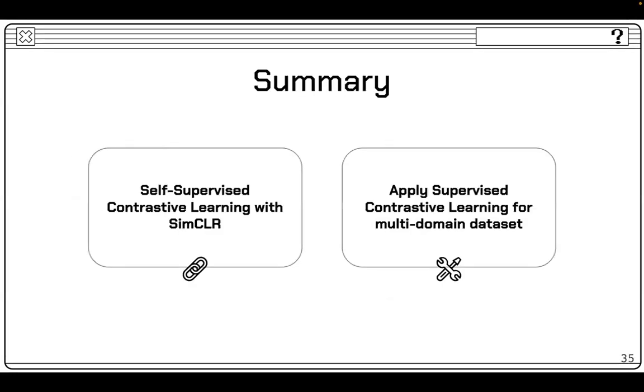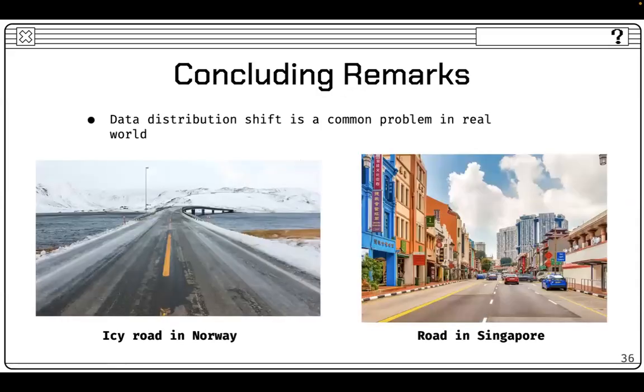So in conclusion, in my FYP project, in the first part I did self-supervised contrastive learning with SimCLR, and in the next part I applied supervised contrastive learning for a multi-domain dataset. Some concluding remarks that I have is that data distribution shift is a common problem in the real world.